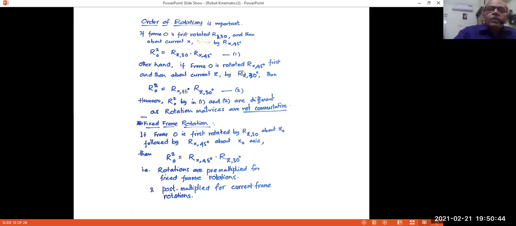If you rotate about the x-axis by 45 degrees, then you get the total effect of rotation by post-multiplying: Rz 30 degrees multiplied by Rx 45 degrees. On the other hand, if you rotated 45 degrees about x first and then about z by 30 degrees, then the same order in which you have rotated will have to be represented here. That is Rx 45 into Rz 30 degrees. That will give the total effective rotation matrix.